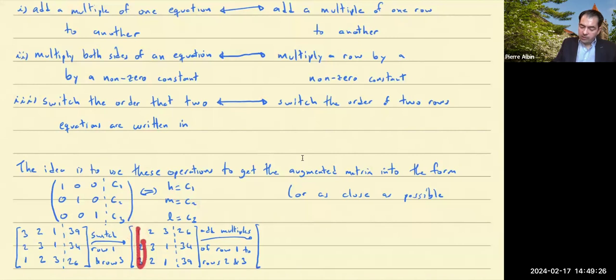I want this column to end up just having 1, 0, 0. Nothing is going to change for the first row. To get rid of that 2, I'll multiply the first row by -2 and add it to the second row.